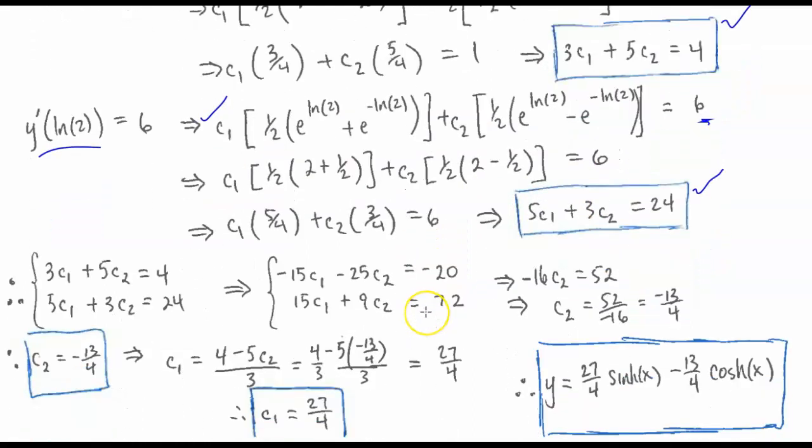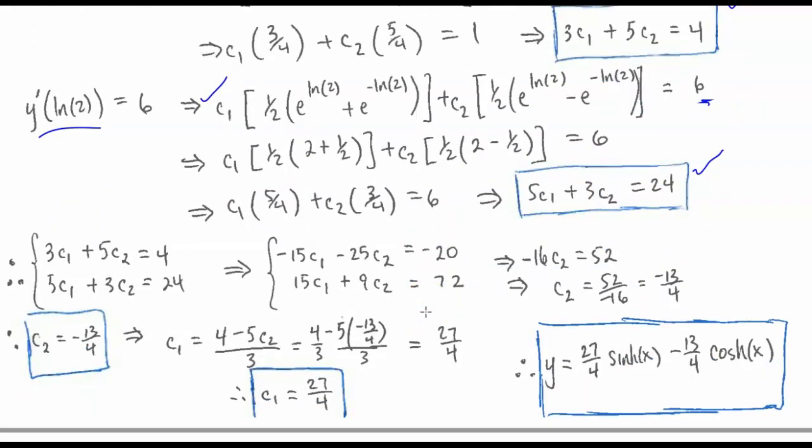We could use systems of linear equations to solve for what C1 and C2 are. And I won't bore you with the details on how to do that, because I'm assuming that if you're watching this video, you do know how to do that. But here you see that I've used the addition method, or I think some people call it the elimination method, to actually do it.